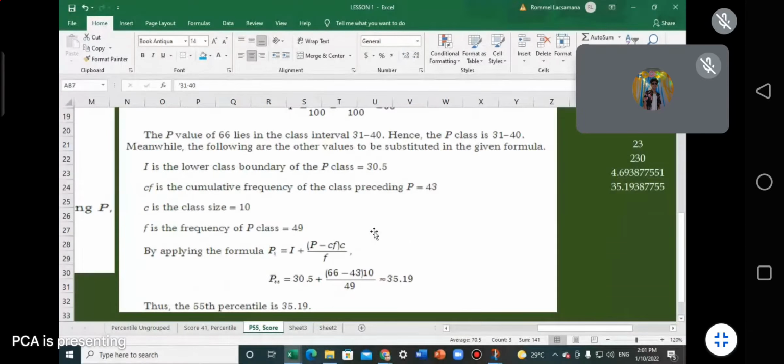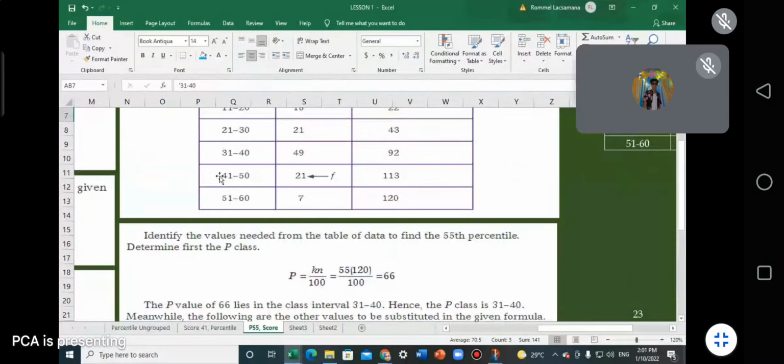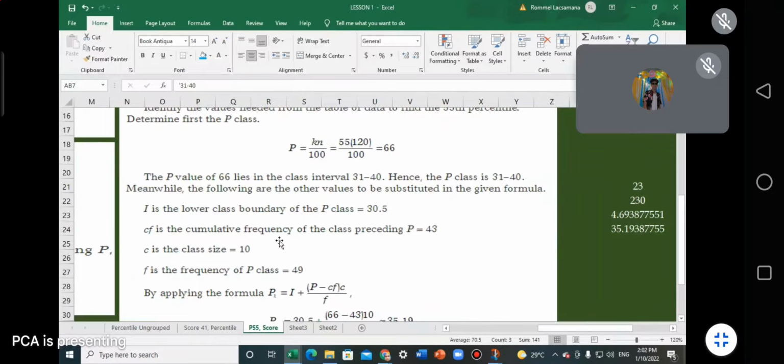That is your class size. Class size is seen in this class interval, a range from 41 to 50. When you count 41, 42, 43 up to 50, this gives you 10.